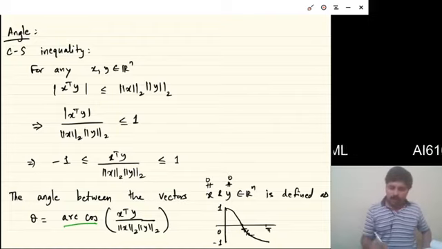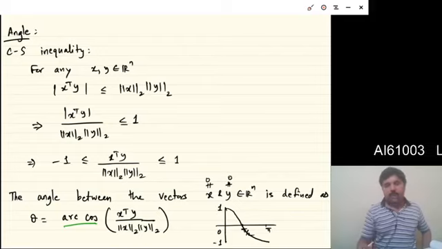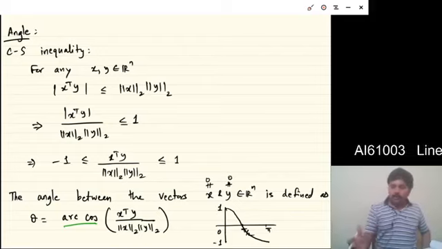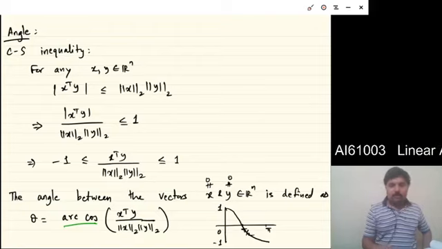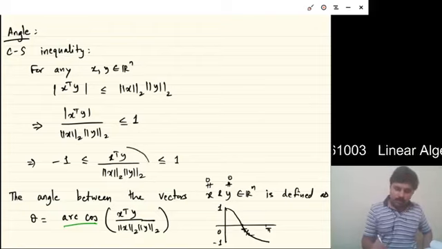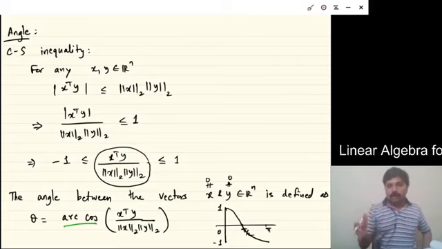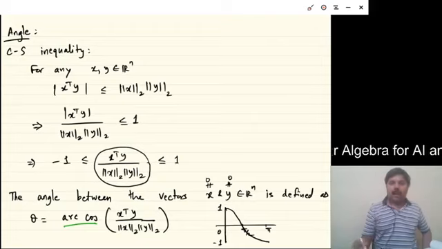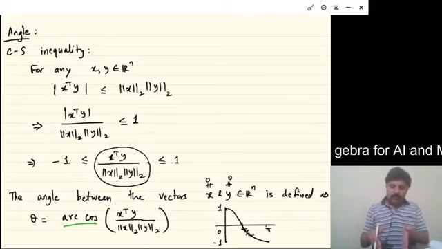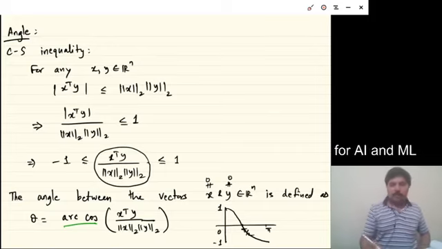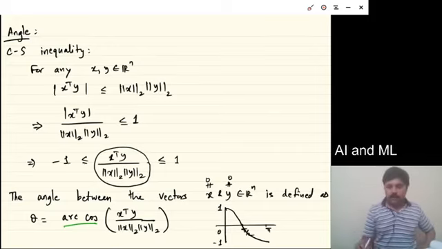So you can talk of the inverse of this function cos on the interval minus 1 to 1, and that's what we are precisely doing. We are looking at the interval minus 1 to 1, and the values here lie between minus 1 and 1. So what is the value of theta? You will get a unique value of theta between 0 and pi, and for that unique value of theta, cos of that theta is basically this number, x transpose y divided by norm of x times norm of y.